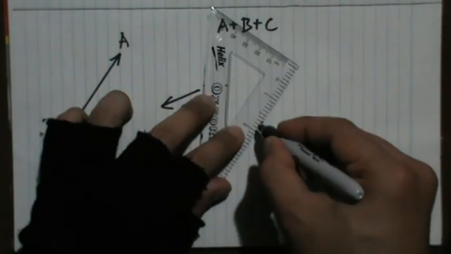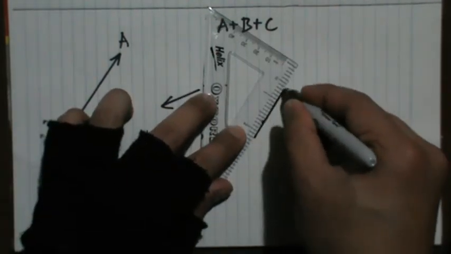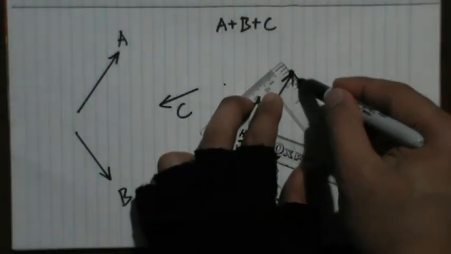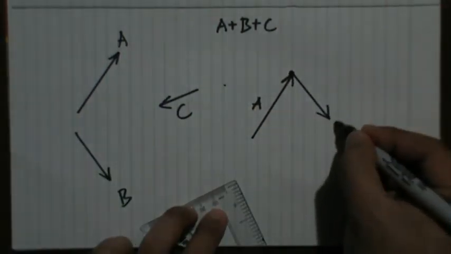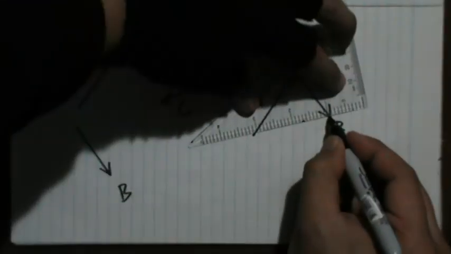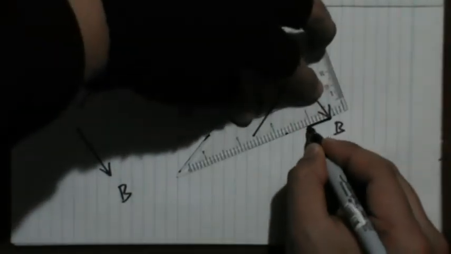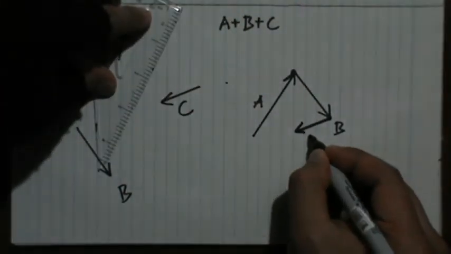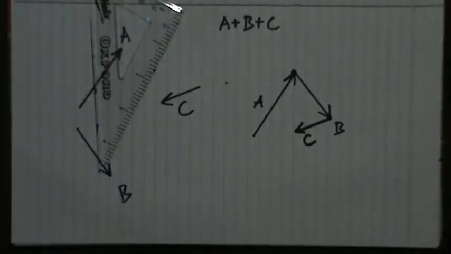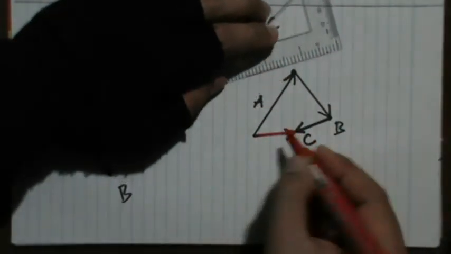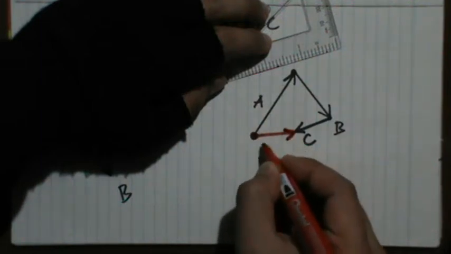Now we can find A plus B plus C. We start with A and then we continue with B, and now we continue with the third one, C. So the result of our vector addition is this one.